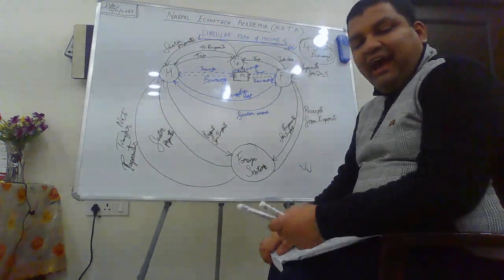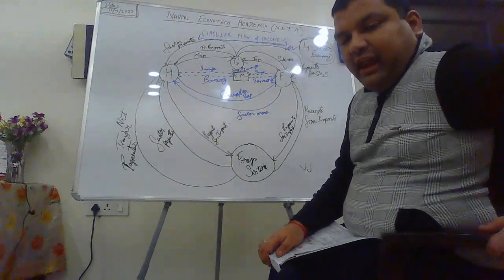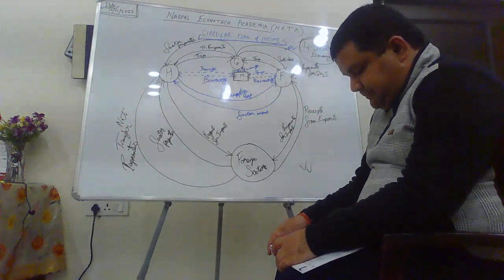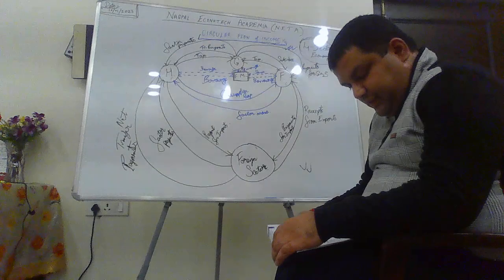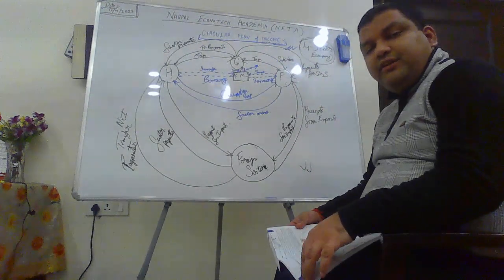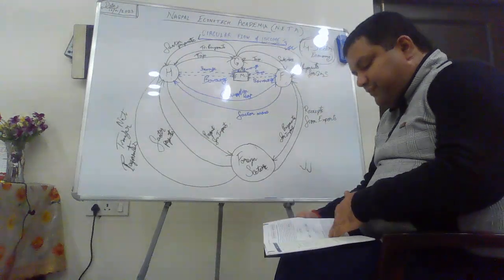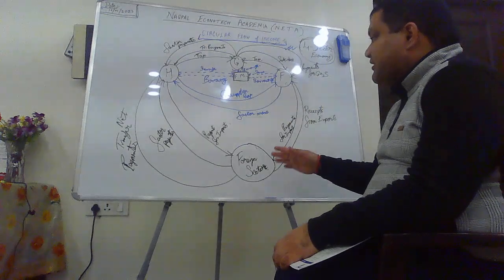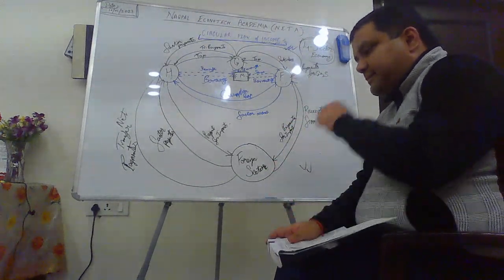So let's have the theoretical reading, that is the basic explanation of this model. Circular flow in a four sector economy. First of all, we are going to start from the two sector economy, and gradually we will understand the basic concept of the four sector economy.